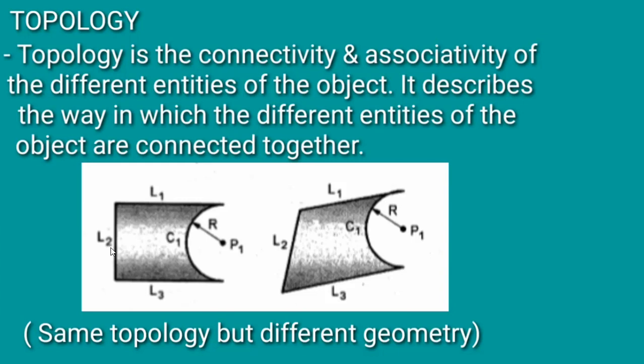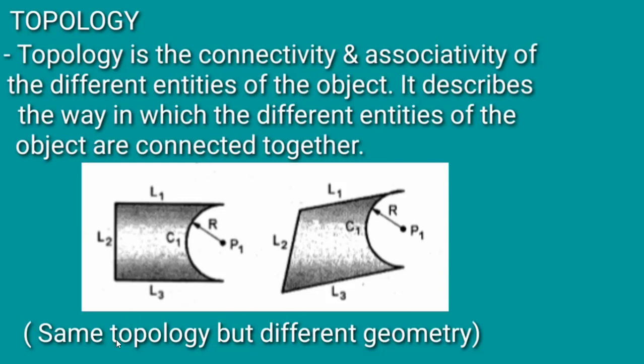Similarly, L2 shares a vertex point with L1 and L3, and L3 shares a vertex with L2 and C1. L1 and L2 do not overlap and P1 lies outside the object. So here you can see P1 lies outside the object in both the diagrams.